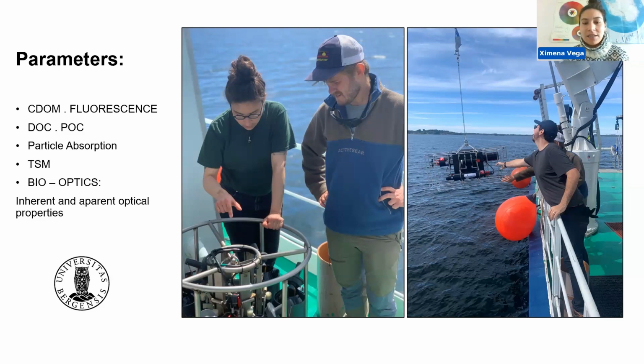Now, fluorescence, because if we measure fluorescence, we can get some ideas about the chemistry or the origin of this organic carbon. Of course, I also took measurements of the concentration of dissolved organic carbon, particulate organic carbon, but also particle absorption. And why is this important?